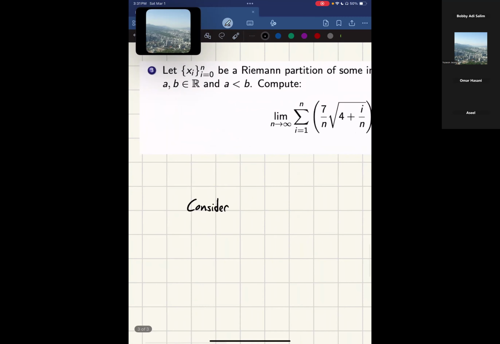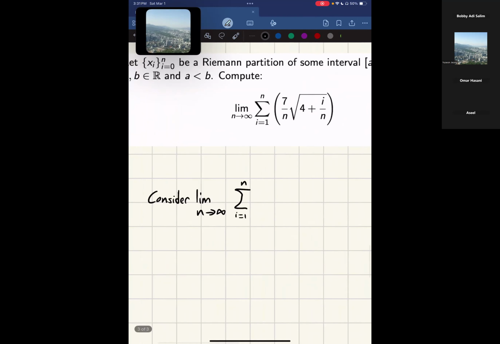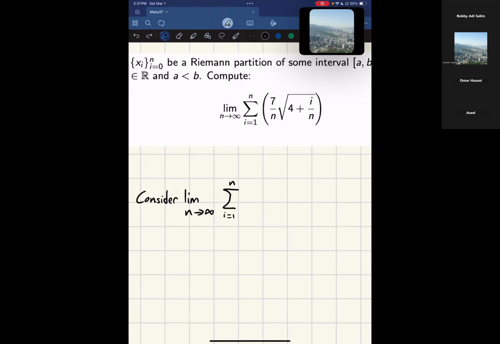So consider the limit as n approaches infinity of the sum from i equals 1 through n of, no need for the brackets here, so I'm just going to drop the brackets since everything's multiplied. It's kind of clear anyways. 7 by n root 4 plus i over n.